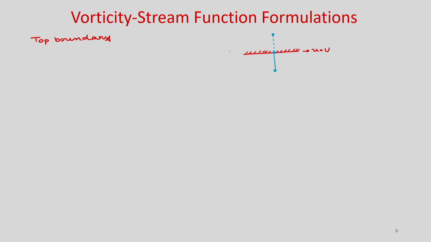So, this is your j is equal to n, so it will be I n minus 1 and I n plus 1.